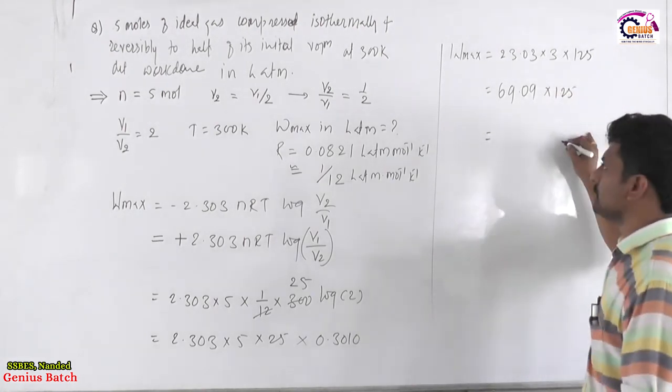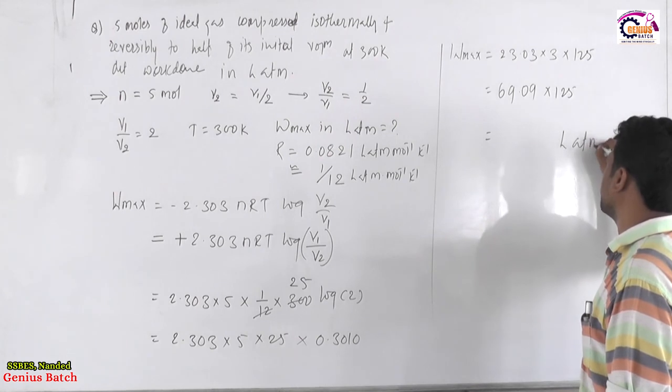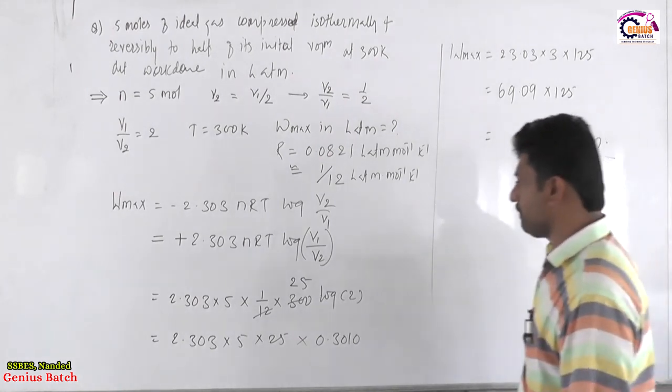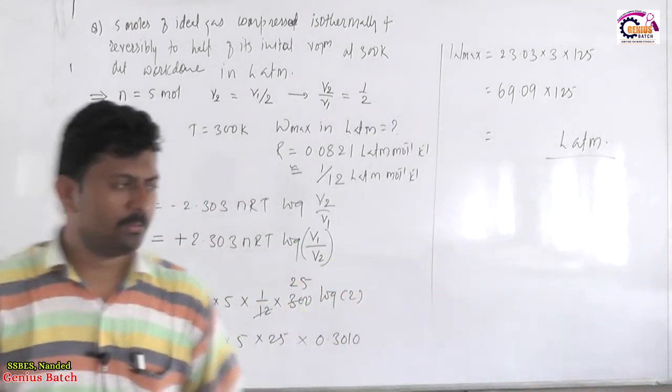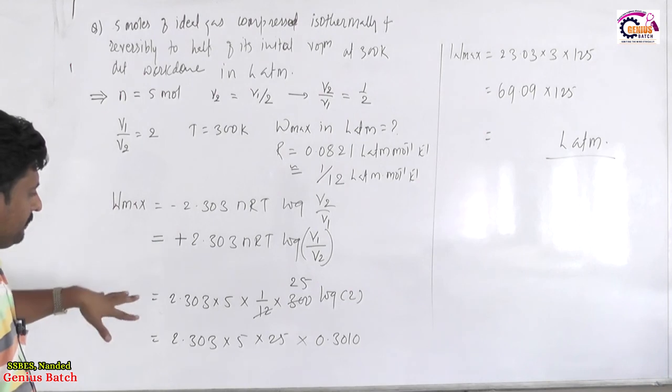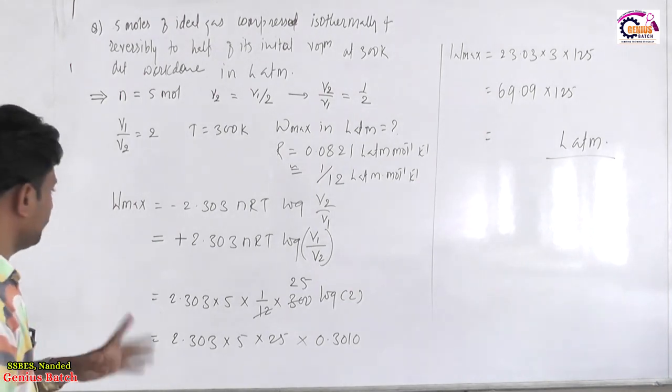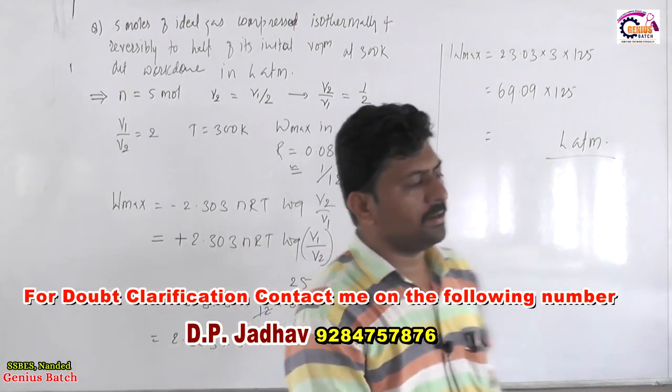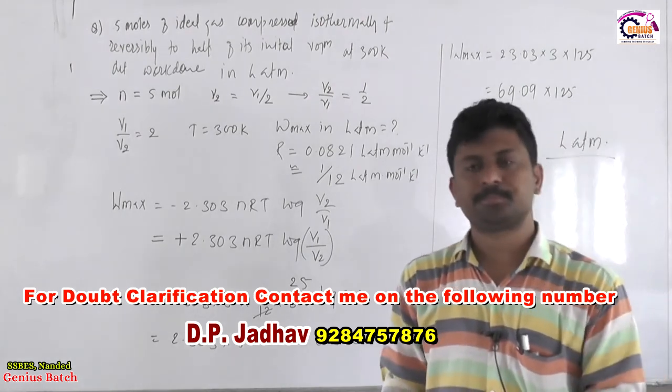This will be our answer in liter atmosphere. This much work will be done. 69, 1 by 12, 25, 5, 125. Okay. This will be the work done in the given process.